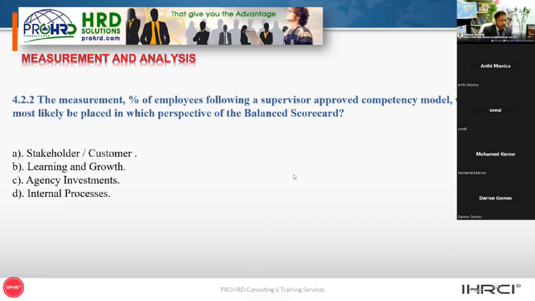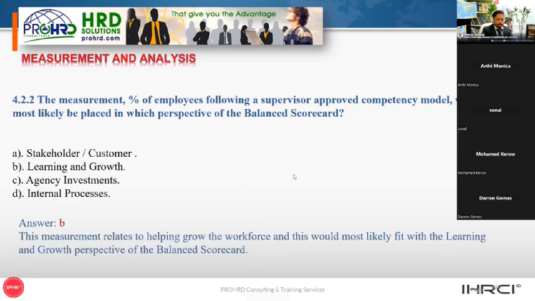So here the measurement: percentage of the employees following a supervisor approved competency model would most likely be placed in which perspective of the balanced scorecard? Very brilliant. B is the right answer. Learning and growth. Yesterday we discussed learning and growth.